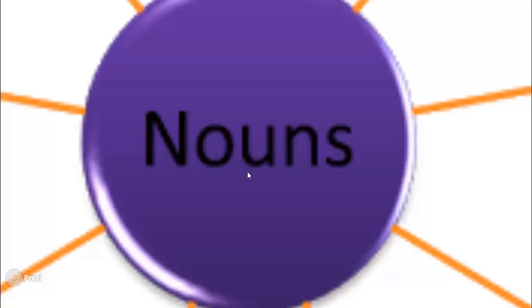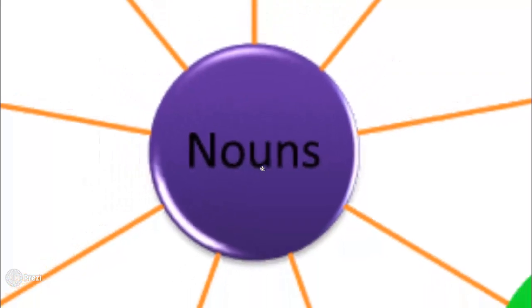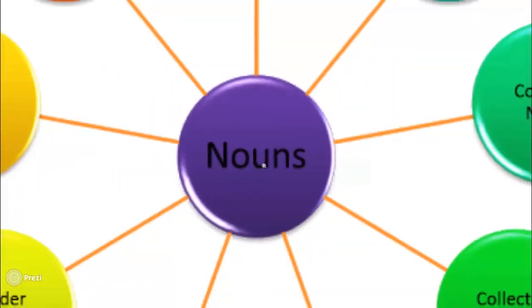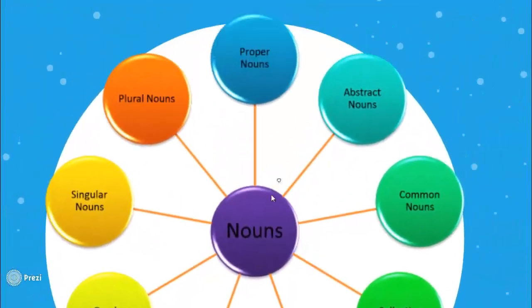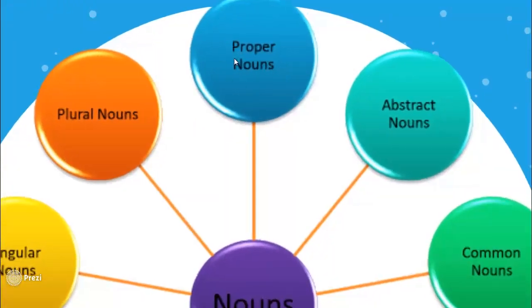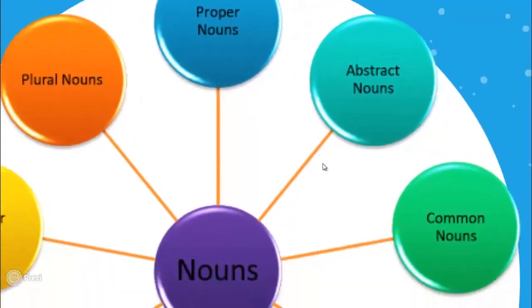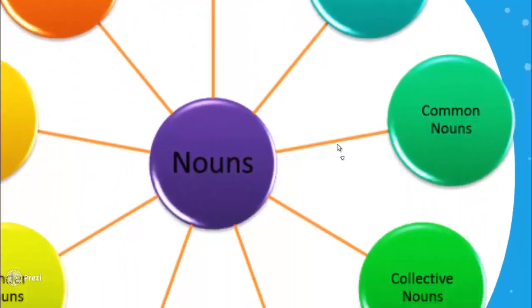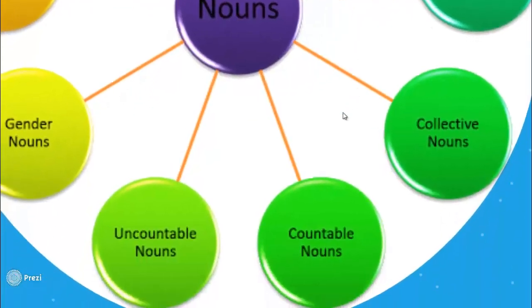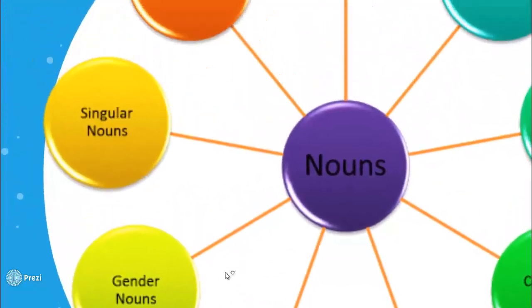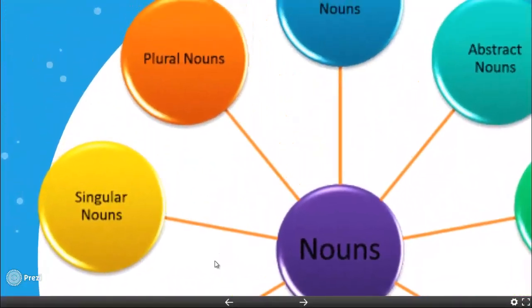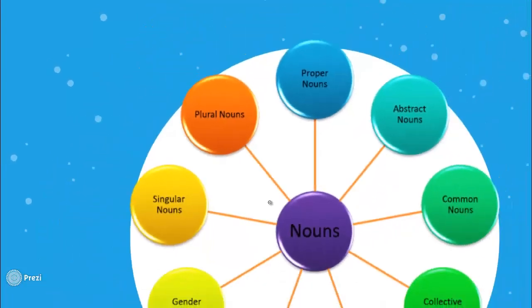And then for nouns, we also have several subtypes or categories that we want to talk about, being the first one proper nouns, abstract nouns, common nouns, collective nouns, countable and uncountable, those a lot, and then gender nouns, singular nouns, plural nouns, everything related to nouns.